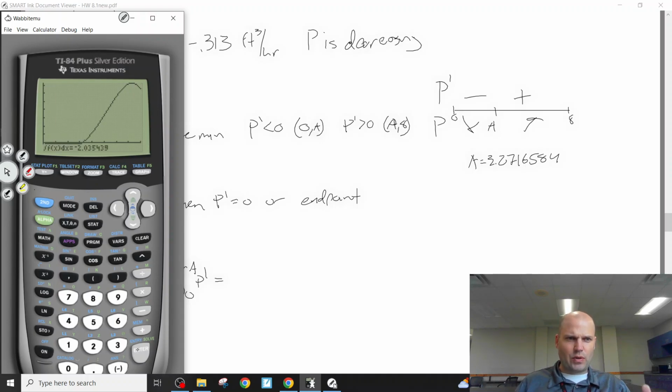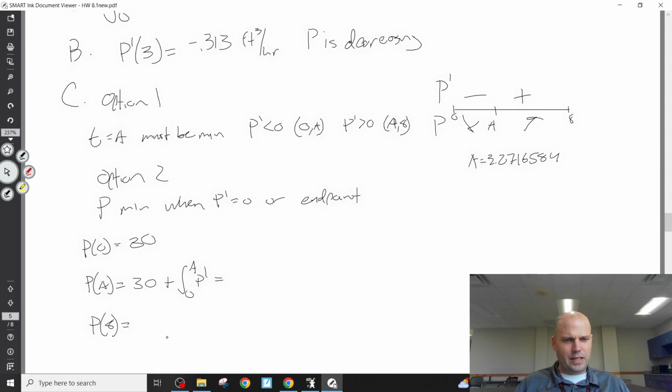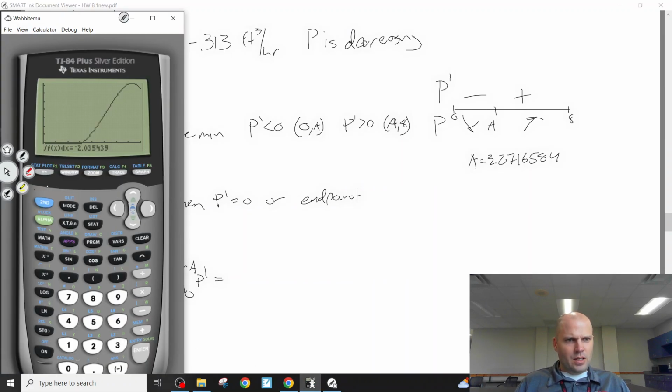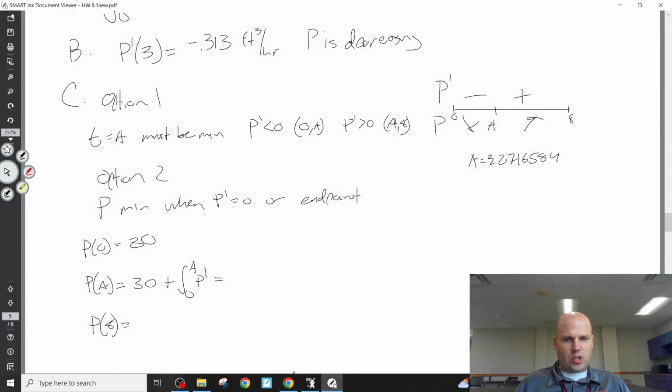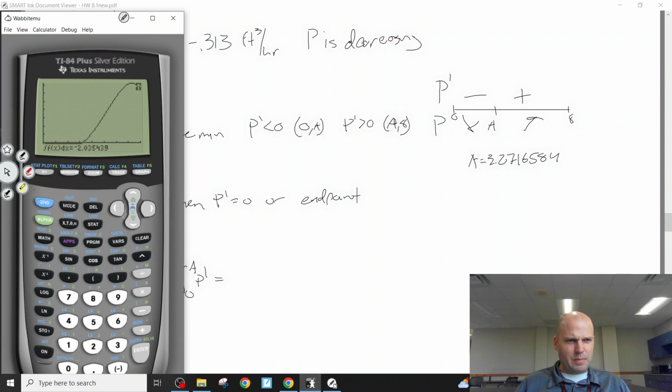Negative 2.035. I don't like that because I don't know how to grab that value. It might be saved as a y, but you'd add that to 30, you get like 28 point something. Anyways, I'm just going to get out of there. Just go 30 plus integral 0 to A, but of y3.